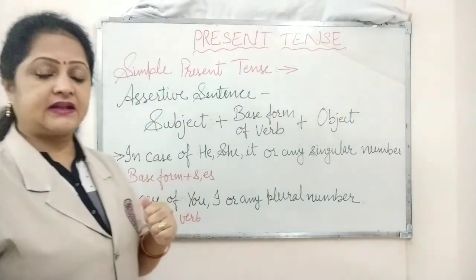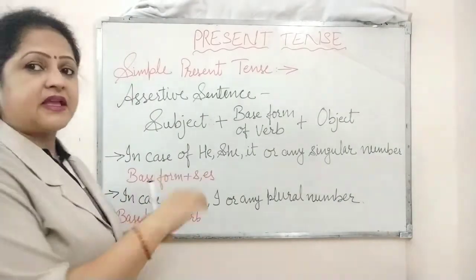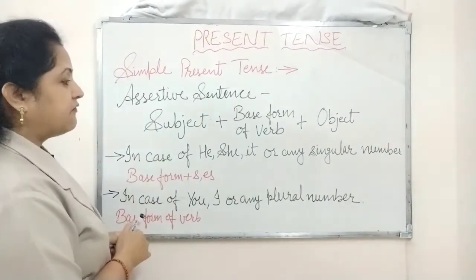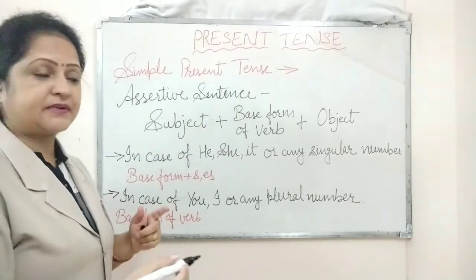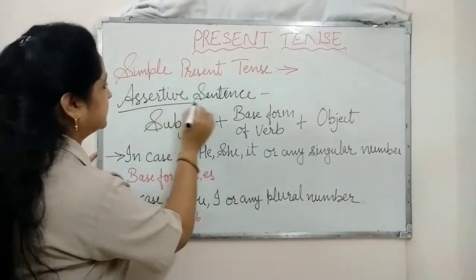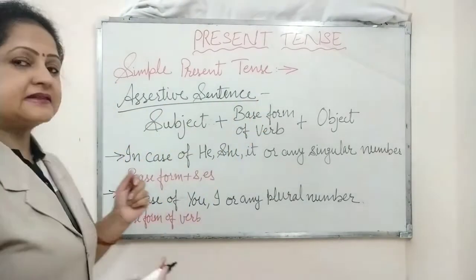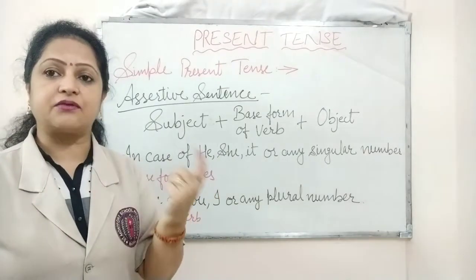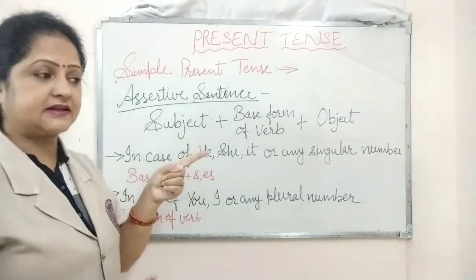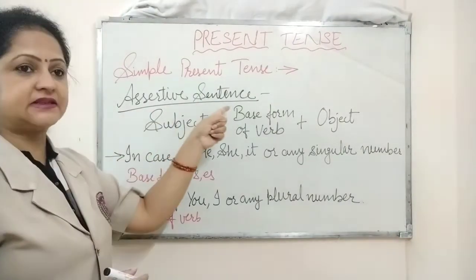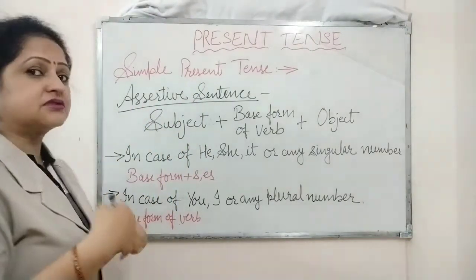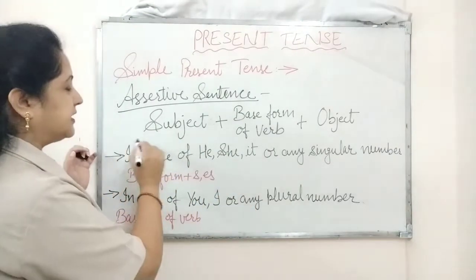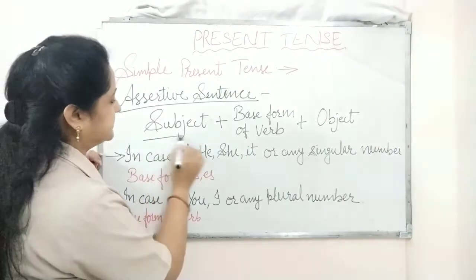Here I have written how to make sentences in simple present tense. We will discuss assertive, negative, and interrogative sentences. So first of all, the assertive sentence. We also call it a positive sentence. In this, first of all, we write the subject.